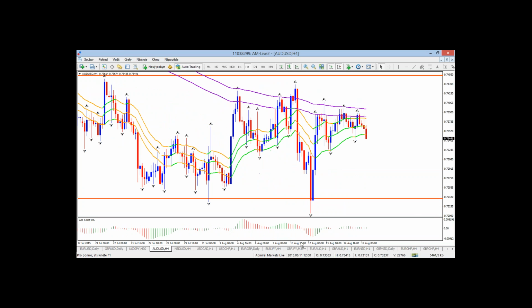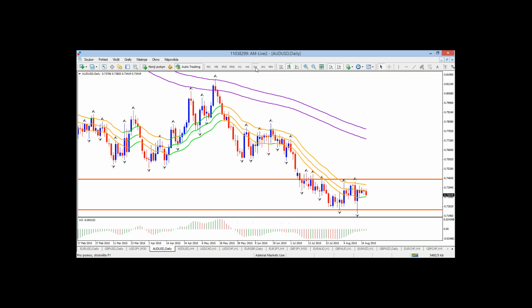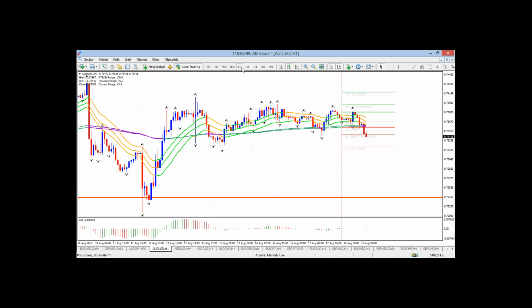Ultimately, I guess everyone has their own view, but I think the weekly and monthly is down. I think we can agree. Daily is range. 4 hours definitely range. Doesn't look so interesting. So let's skip it.